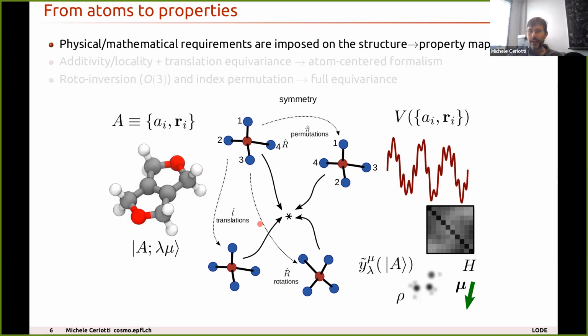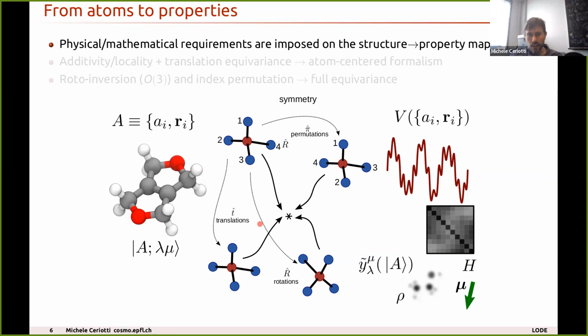If you have a structure that is an FCC solid, you want the description to give exactly the same answer whether you use the primitive cell, the conventional FCC cell, or some type of supercell that is useful for a given application, because they are just the same structure seen in a different basis.